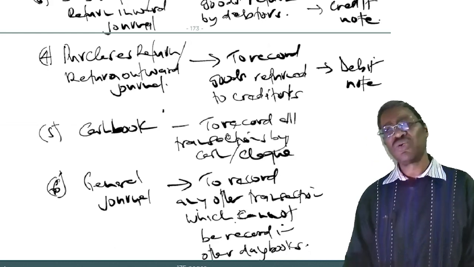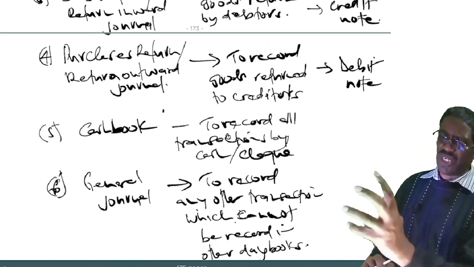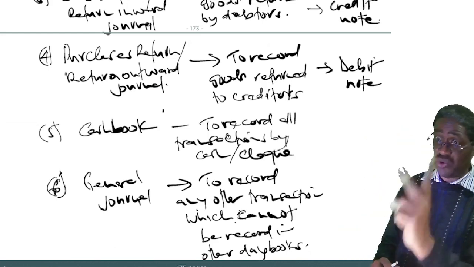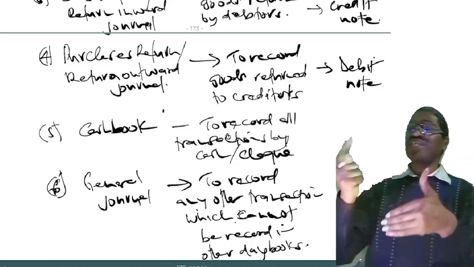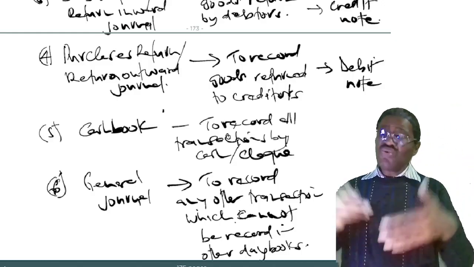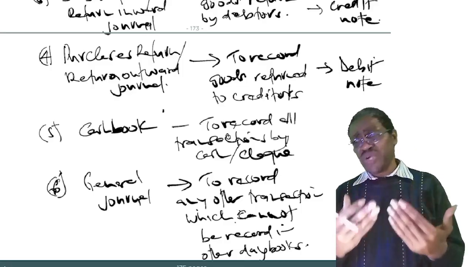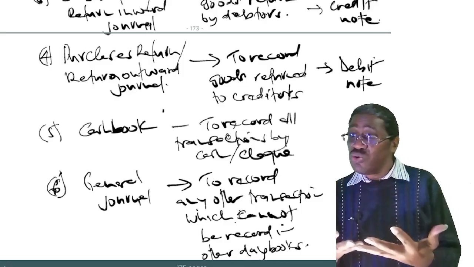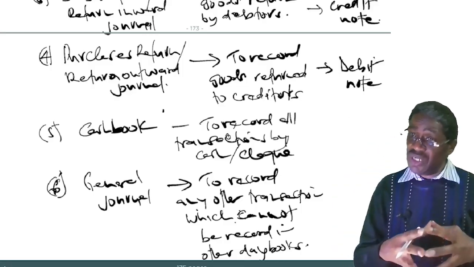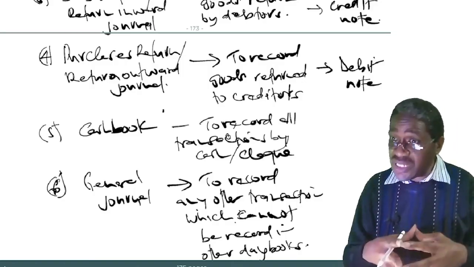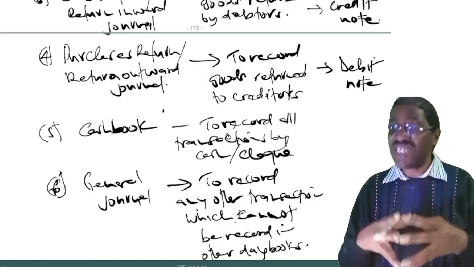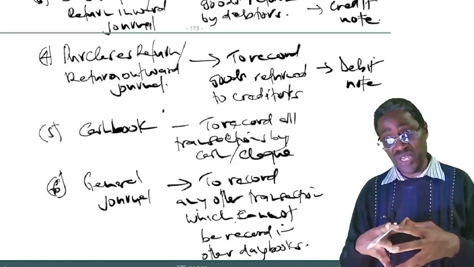It is telling you, because you are increasing what you owe to Wekesa when you purchase goods on credit. Now that you are returning some of those goods, you reduce what you owe to Wekesa. So to reduce what you owe to Wekesa, you must debit his account. So the source document for that is what we call a debit note. Are you there? Good.